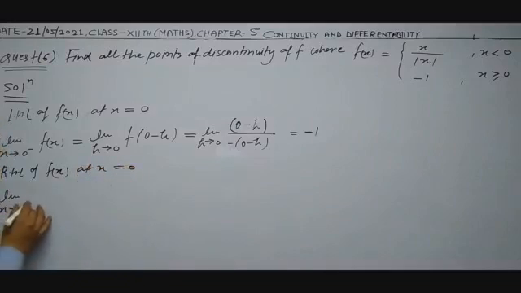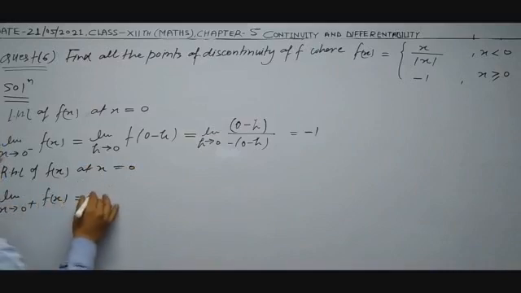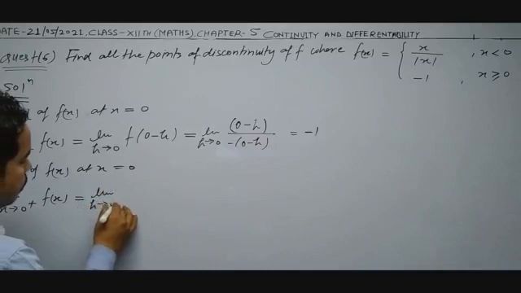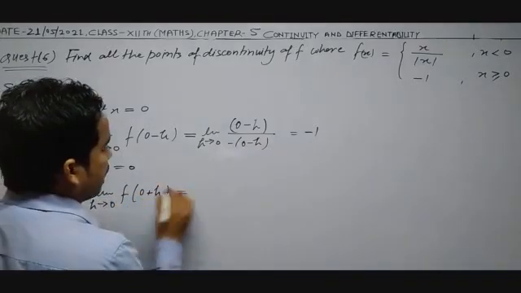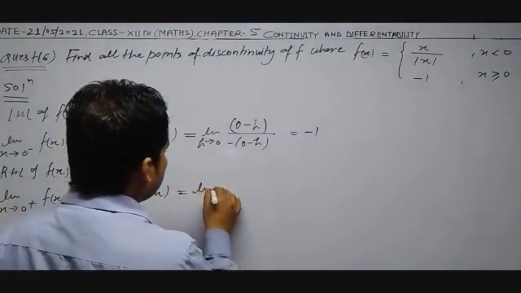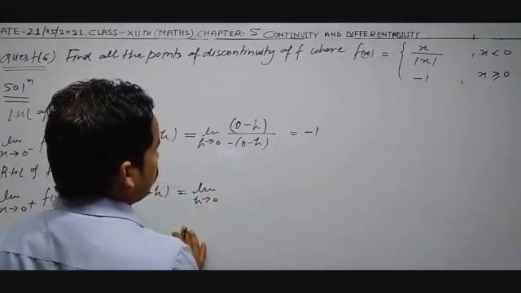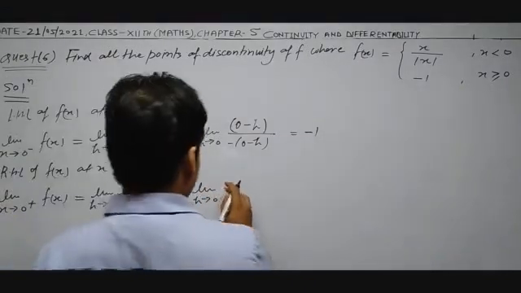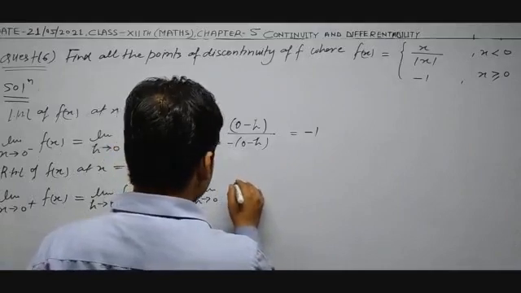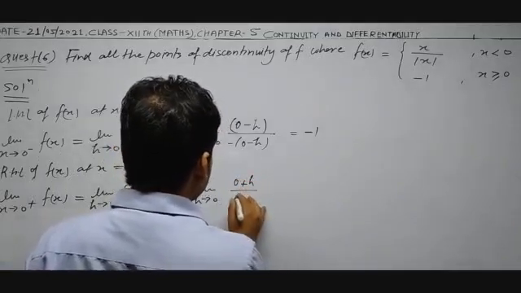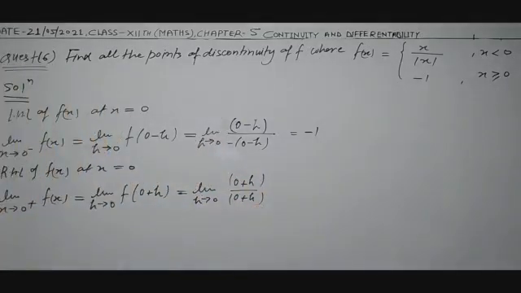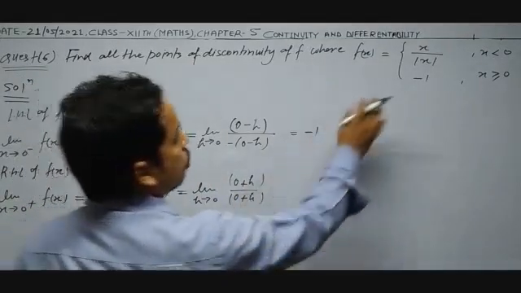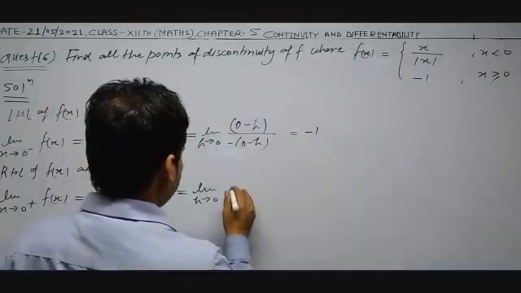So limit x tends to 0 plus f(x) will be equal to limit h tends to 0 f(0 plus h), and this result will be limit h tends to 0 of (0 plus h) upon (0 plus h), and the result you will get, no, this is the function minus 1.